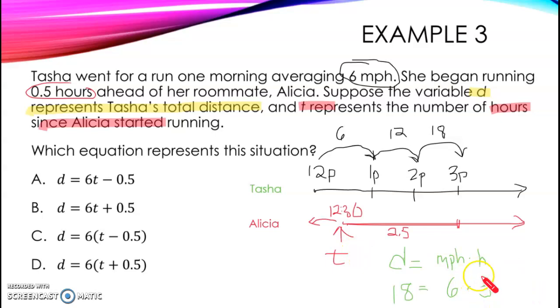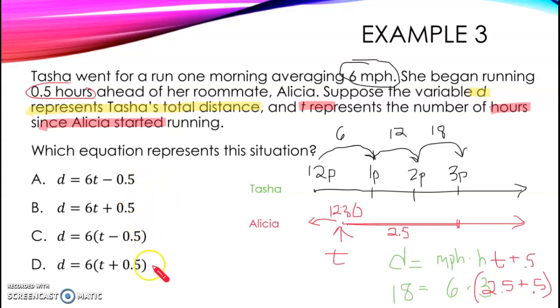So instead of writing 3, you could write it as 2.5 hours plus that 0.5 hours before to represent how long Tasha would be running. Since 2.5 is our T, we're going to be adding the 30 minutes before that to make up for the total 18-mile distance that Tasha ran.